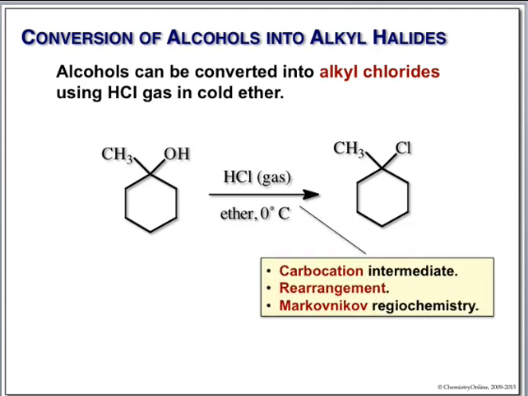This is going to form a carbocation intermediate. And just like we learned way back with alkenes, that means we can have rearrangement, and we will form the most stable carbocation, which means Markovnikov regiochemistry. This is not a great way to do this, to be honest. There are better ways to make alkyl halides from alcohols, although depending upon what alcohol you're dealing with, how stable the carbocation would be, this can work.